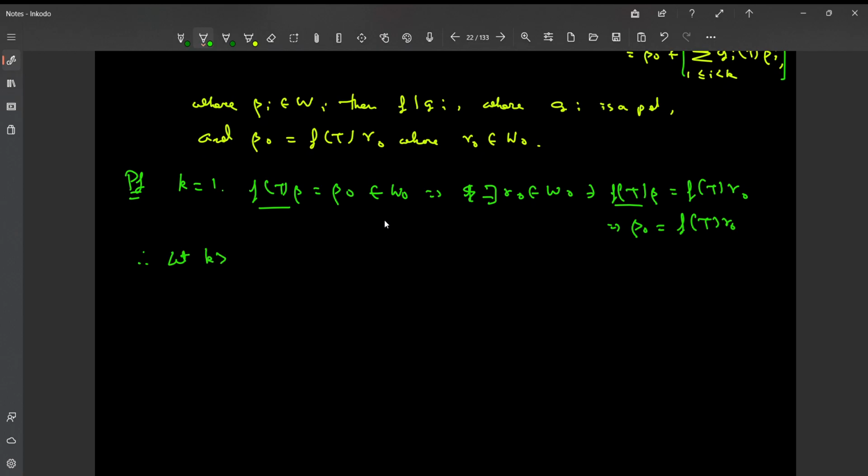Therefore, let k be greater than 1. What do we do? We need to show some sort of a divisibility, so the obvious procedure we will try to follow is the division algorithm.